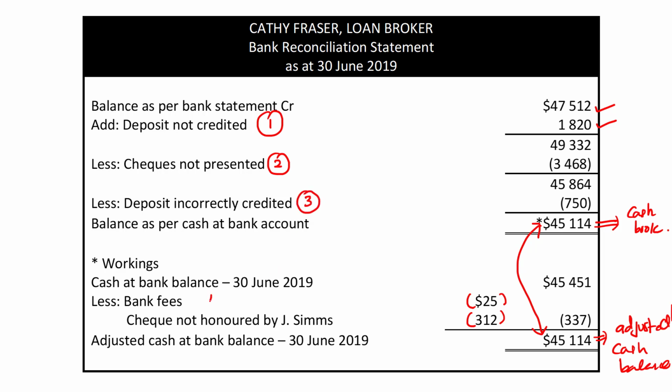Number four is bank fees not recorded by us. The other one is the dishonored check. So we have five reasons, and we identify why our balance here is different from what we have in our record. The bank reconciliation statement helps users identify the reasons for differences between the cash book and the bank statement.